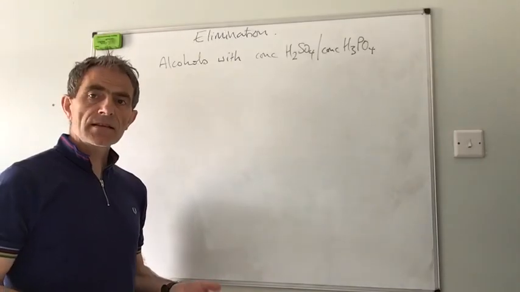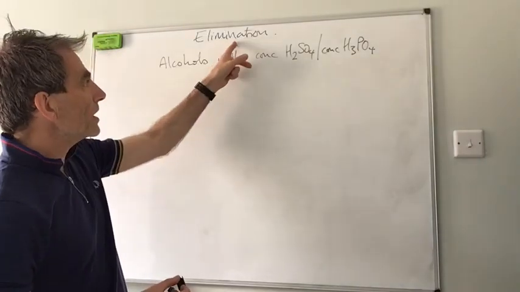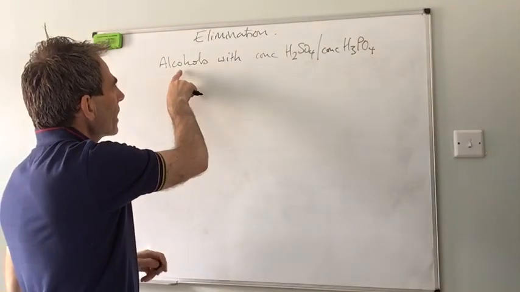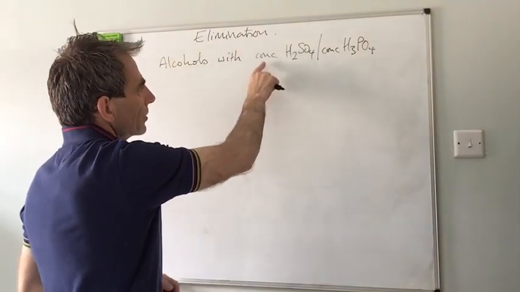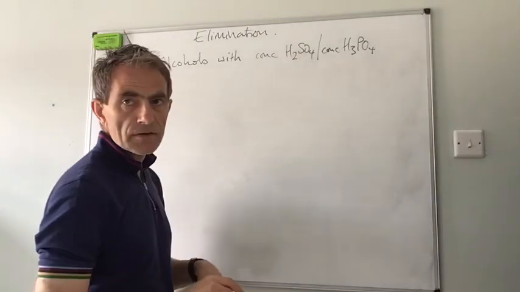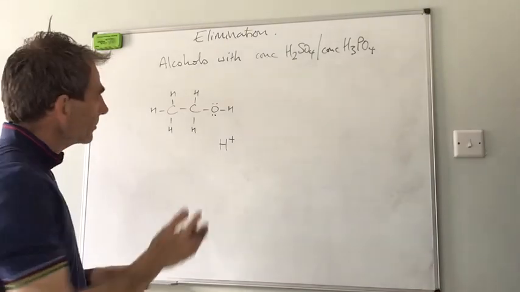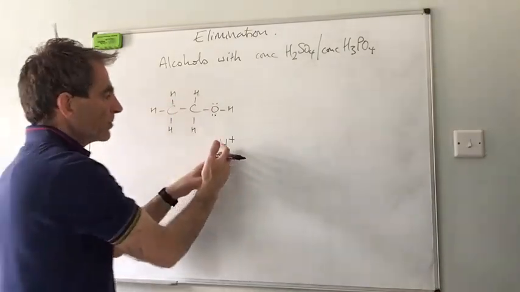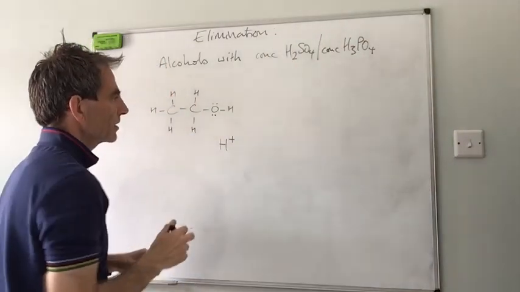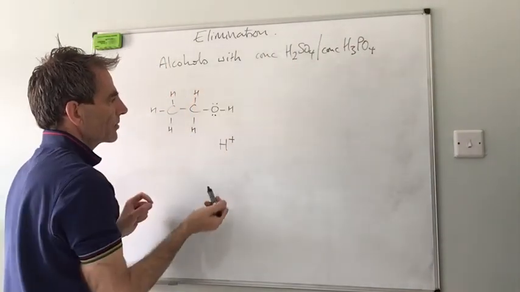The last set of mechanisms we're looking at are elimination mechanisms. The first one we'll look at is alcohols reacting with concentrated sulfuric acid or concentrated phosphoric acid. For this example I'm using ethanol, and the H plus ion is being provided by one of these concentrated acids. You can see we've got two lone pairs on the oxygen.